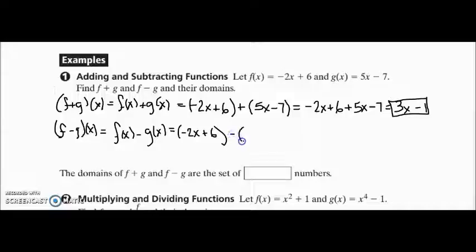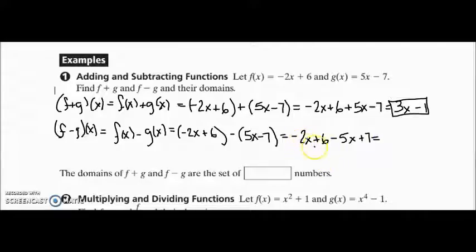So minus 5x minus 7. Okay, we're just going to add up like terms, but we need to get rid of the parentheses. So this becomes negative 2x plus 6. We're going to distribute the negative 1. So we get minus 5x plus 7.